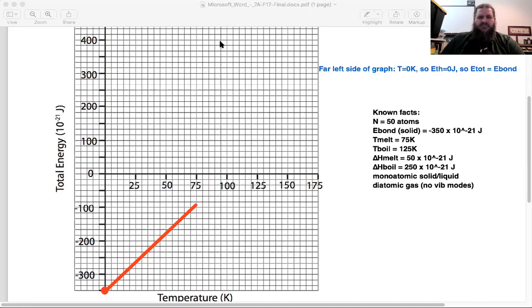It melts. Right. So let me put in some boundary lines there. We know that at 75 and also at 125, we get phase changes. So let me put some marks there so we don't accidentally cross those. We've got something happening at t equals 75.